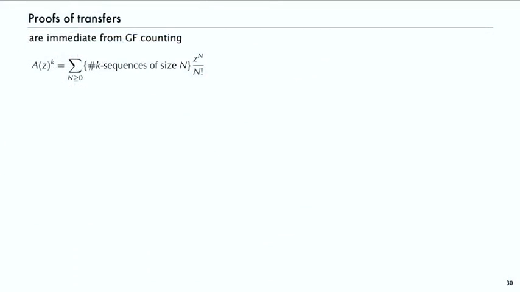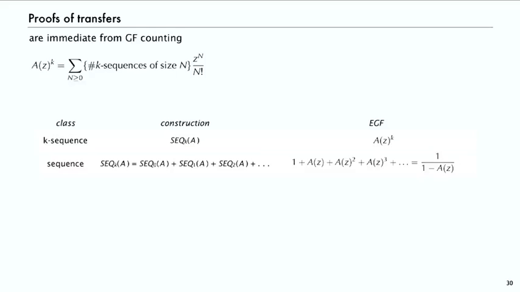So as we saw before, a of z to the k is the exponential generating function for the number of k sequences of size n. And that's just as we saw several times before, and if you add those all up for a sequence of any length, you get 1 over 1 minus z.